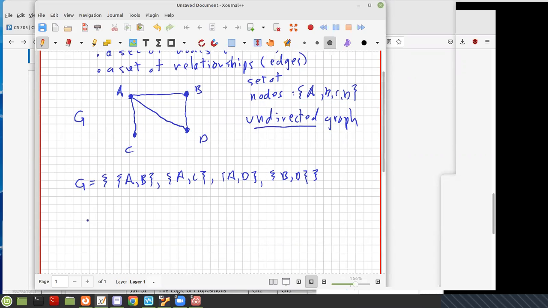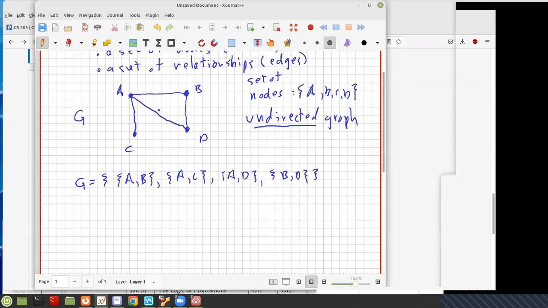So what's a directed graph? Well, some relationships, for example, if these were people, and if the relationship was, say, taller than.